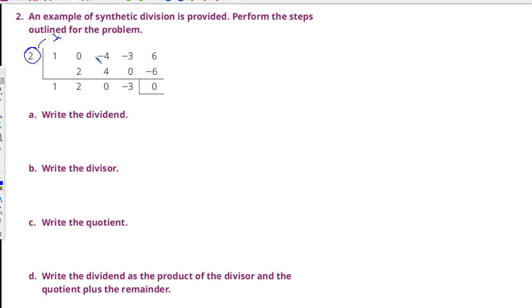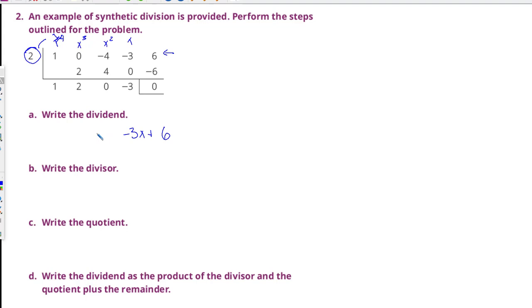And so when we are trying to write the dividend, which is the first question asked, this is the dividend. And so we have 6, negative 3, and that has to have the x. And so we're going to step up. So this was x squared, x cubed, so that makes this x to the 4th.